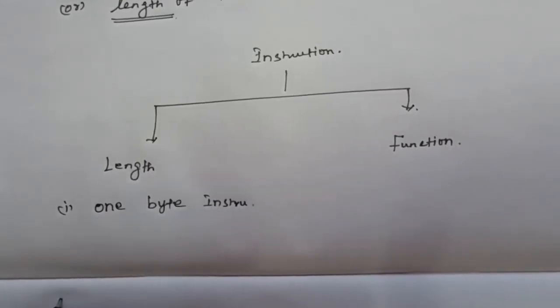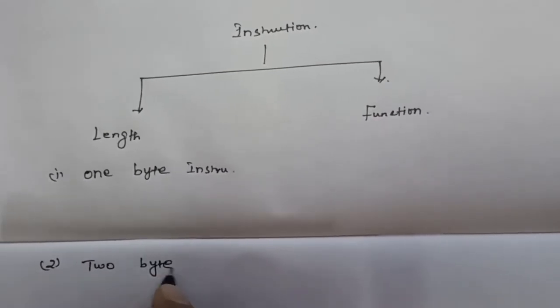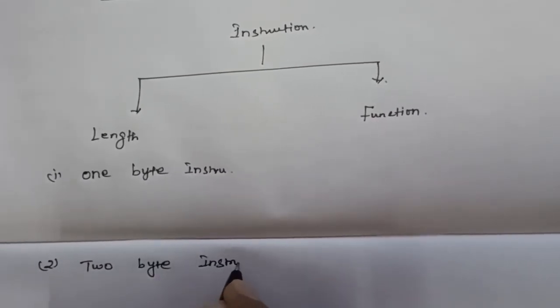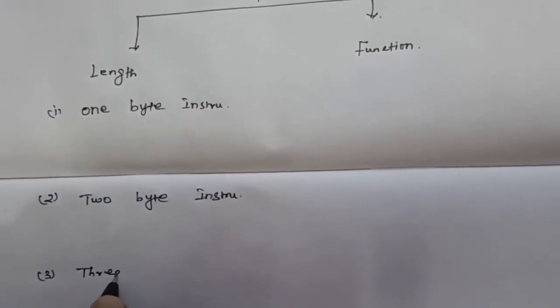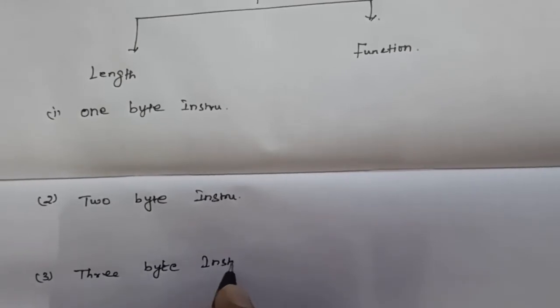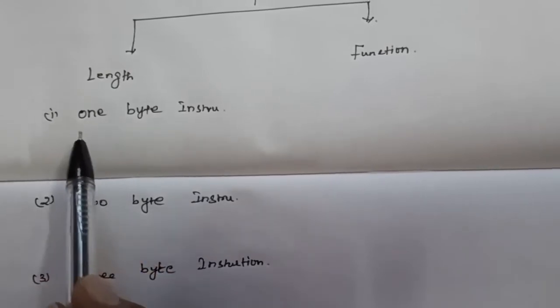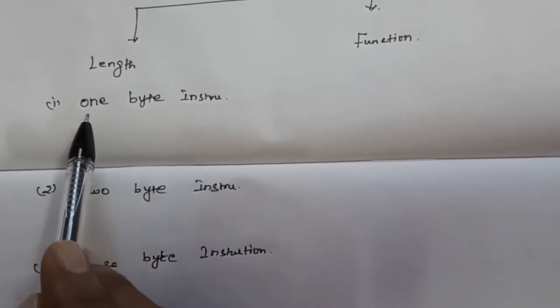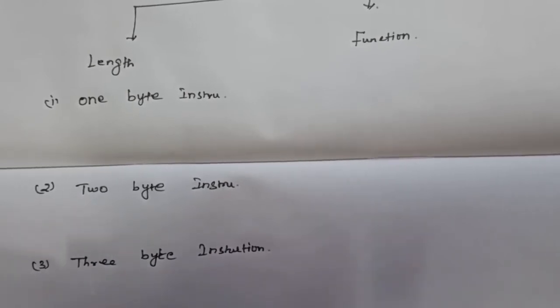First one, 1 byte instruction, second one 2 byte instruction, and third one 3 byte instruction. So lengthwise we can split in three types.